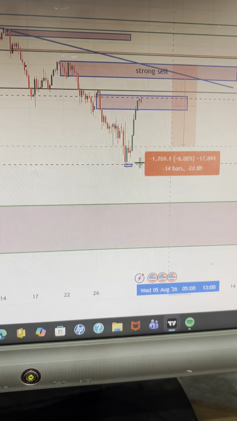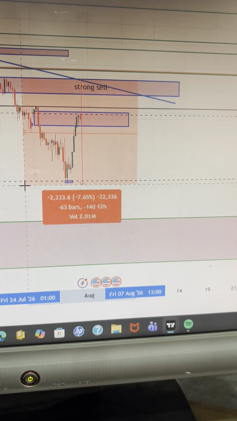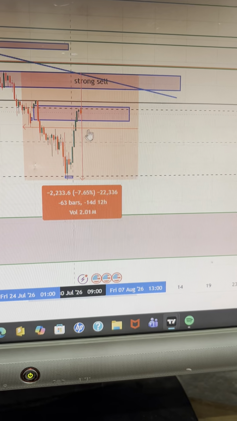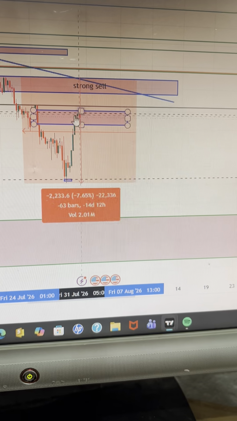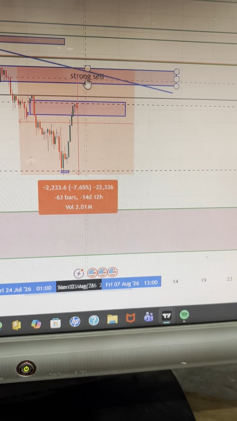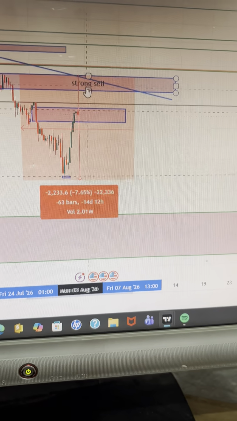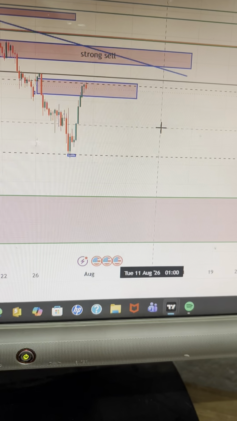I just take it from there into this low, and then this is our 50%. We're just above the 50%, so we're at the premium. But I'm also looking if we can tap this strong sell area here. So I'm just observing at the moment.